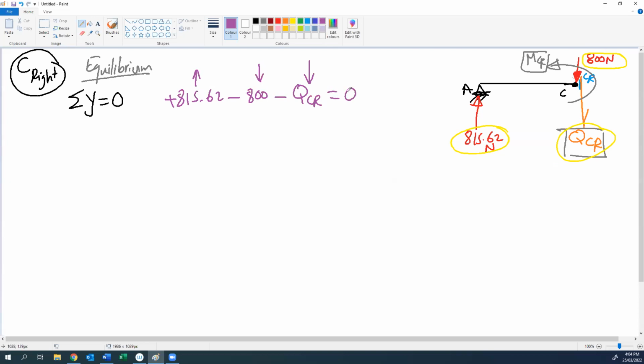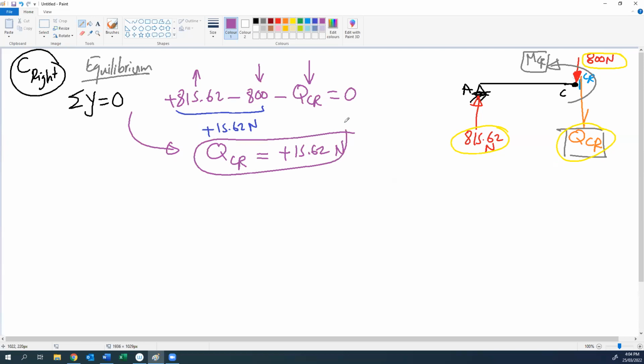These three forces together should be 0. So these two together will give us plus 15.62 Newton. So from this equation, QCR will be positive 15.62 Newton.